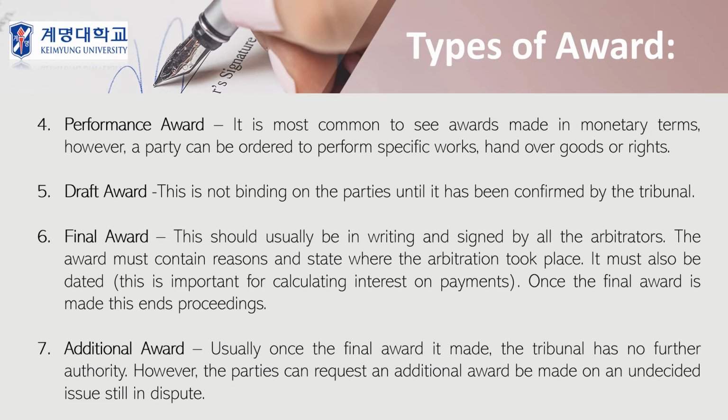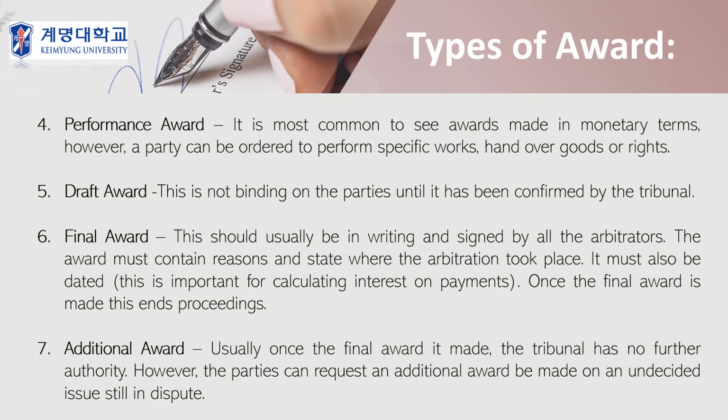And the last type of award is the additional award. So in case the final award had been made and then some other issues had also been raised that were not included in the proceedings, but of course, with authority, there will be some further or additional award to be given.